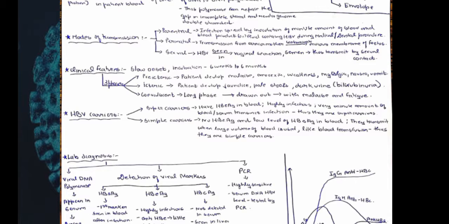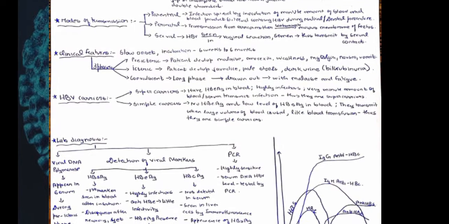The pre-icteric phase, the patient develops malaise, anorexia, weakness, myalgia, nausea and vomiting. And in the icteric phase, the patient develops jaundice, pale stools and dark urine. In the dark urine, that is the release of bilirubin in the urine, it is known as bilirubinuria. Coming to the convalescence phase, it is the longest phase and is drawn out with malaise and fatigue.